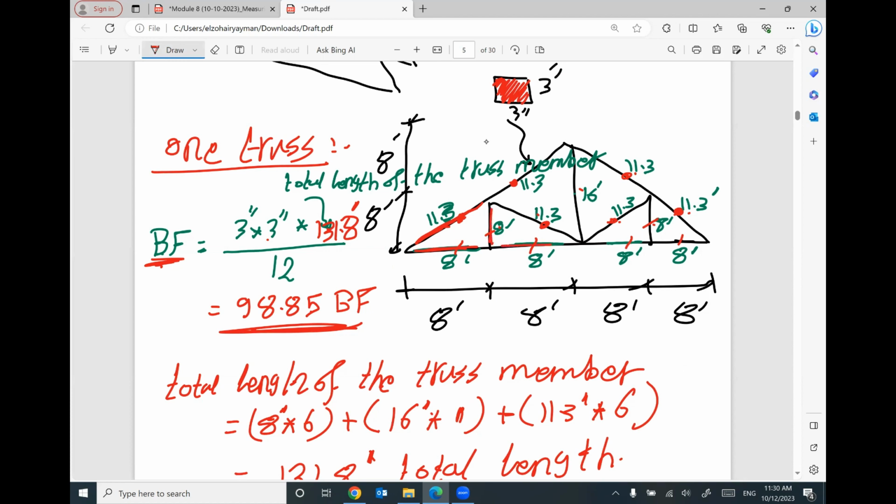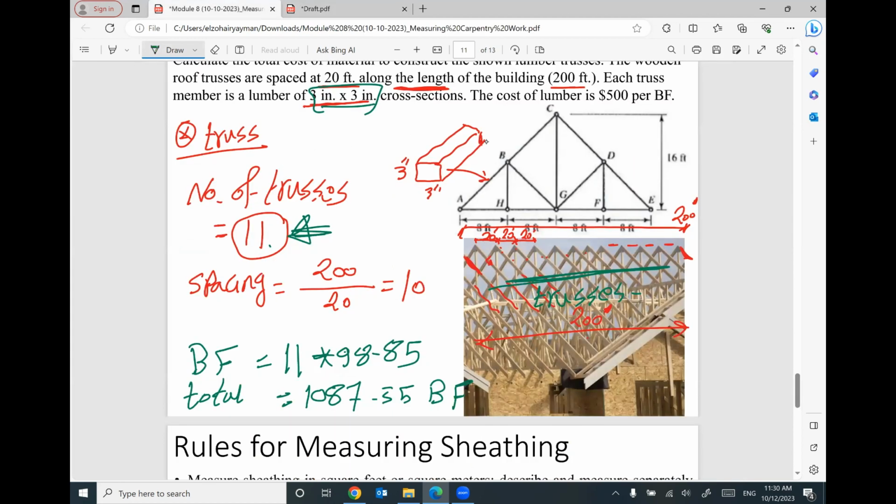Each member, I added them together to find the total length of the truss members, multiplied by 3 by 3 divided by 12. This is the board foot for one truss. Since we have 11 trusses to construct the whole roof, I multiplied 11 trusses by the board foot for one truss to find the board foot for all of them. Does that make sense?